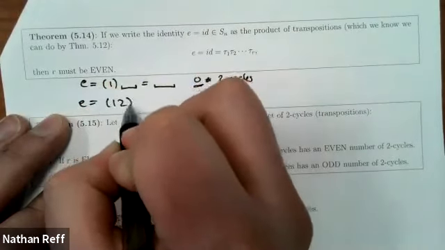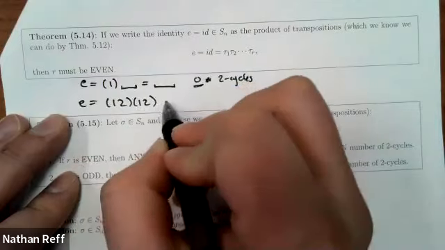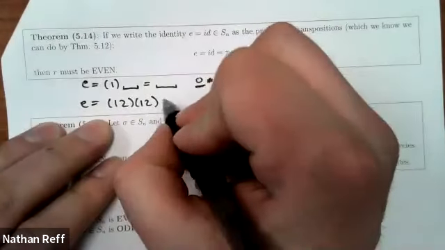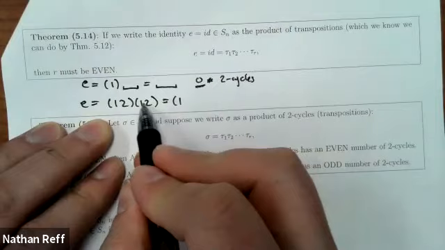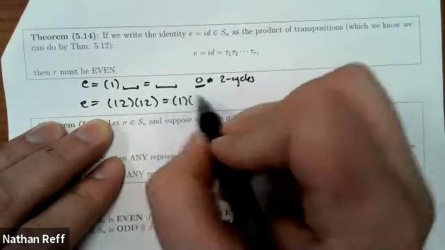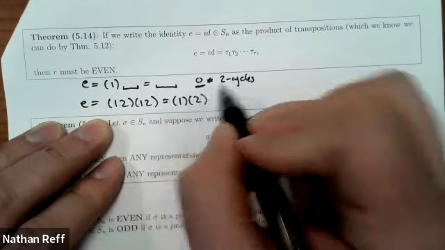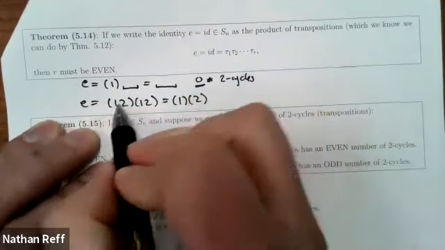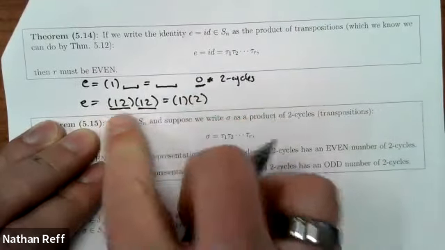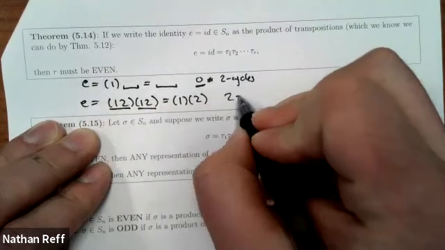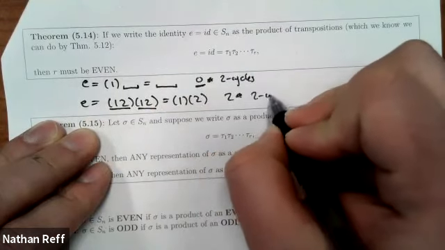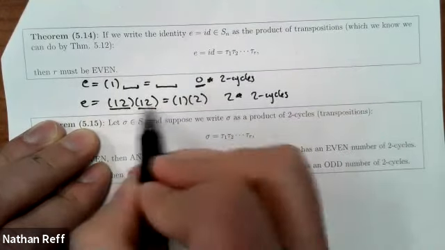Like, what about (1 2) times (1 2)? Do you agree that that is, well, 1 goes to 2, 2 goes to 1, 2 goes to 1, 1 goes to 2. So do you agree that this is 2 cycles right here?